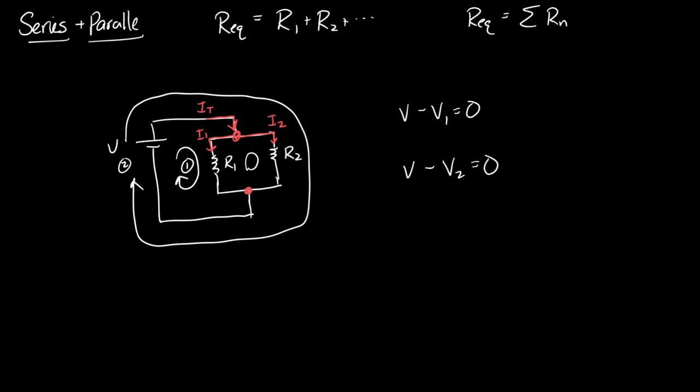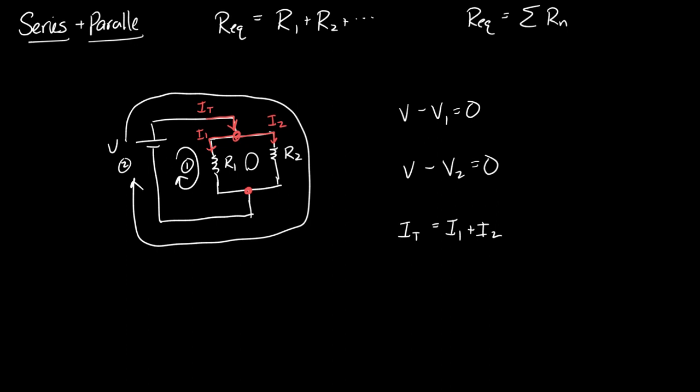Now, Kirchhoff's second law says that I total has to equal I1 plus I2. So this is using Kirchhoff's laws to come up with relationships that could be used to solve the circuit. This could do it.